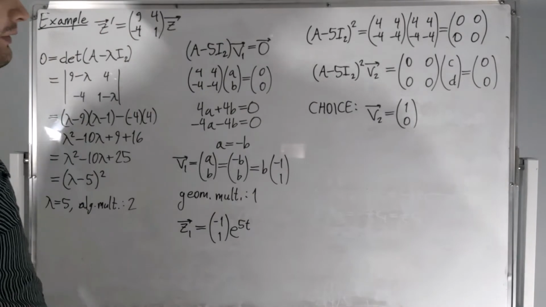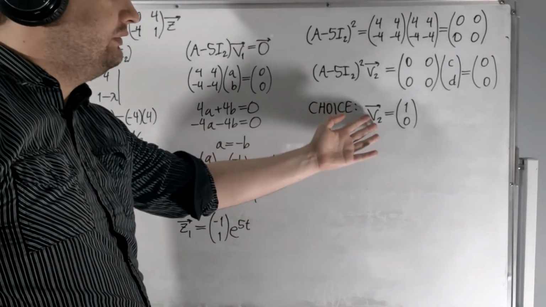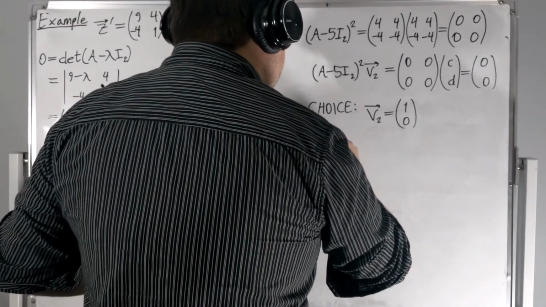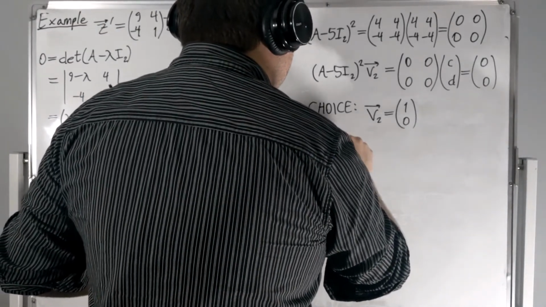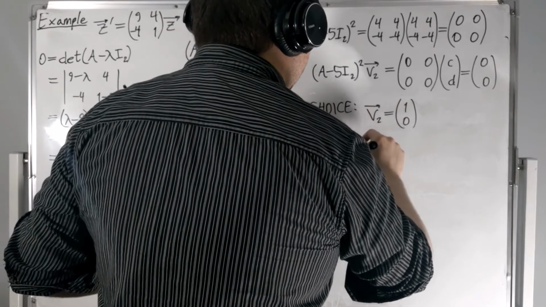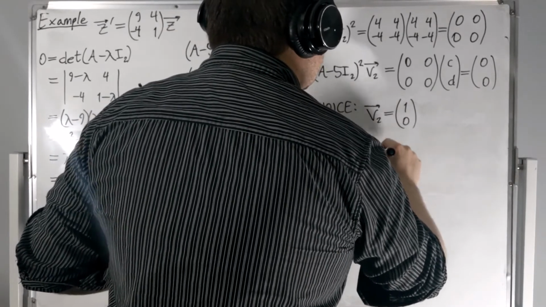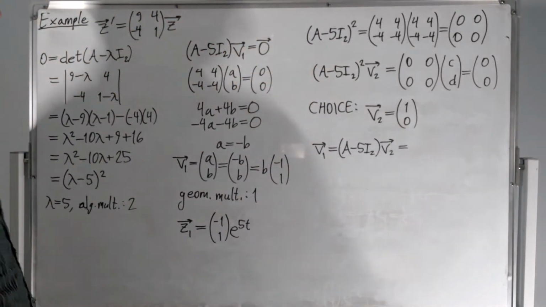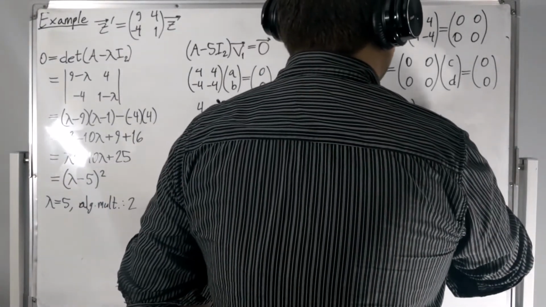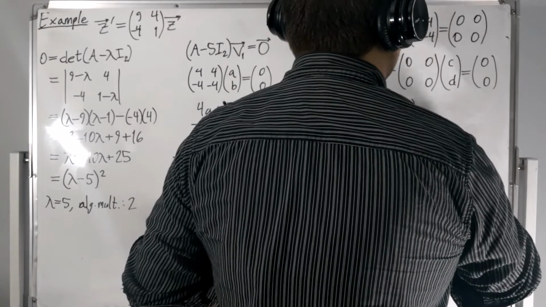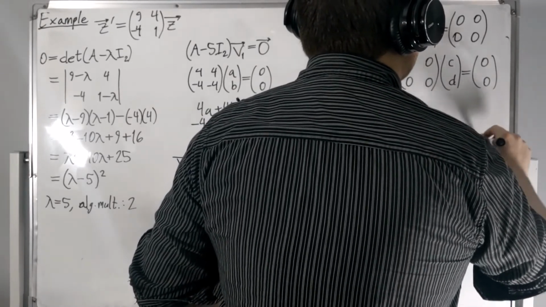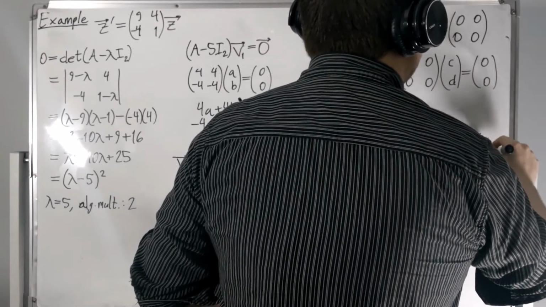So now what you have to do is come up with an eigenvector that is compatible with this choice of generalized eigenvector. By compatible, I mean v1 vector has to be A minus 5I2 times v2 vector, which in this case is 4, 4, negative 4, negative 4, multiplied by 1, 0, which is 4, negative 4.